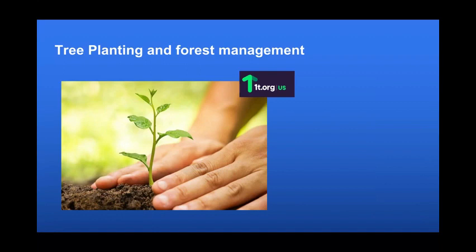So first, let's start a little discussion about tree planting, because I think that the voluntary carbon offset market has been largely based on tree planting. And what that has uncovered is that tree planting is not really carbon dioxide removal. It's not durable storage. In fact, if you plant a tree, it might be decades before its carbon capture is significant.